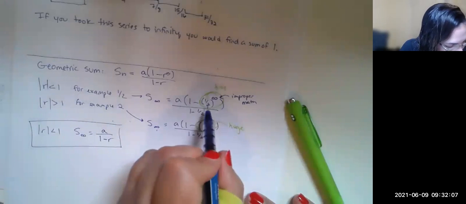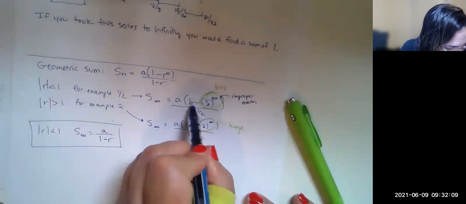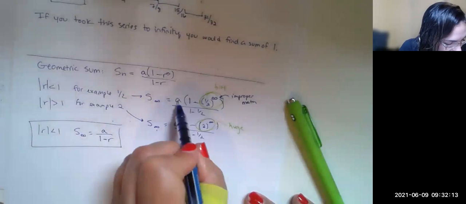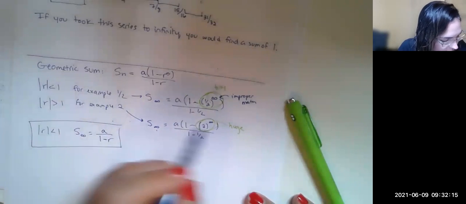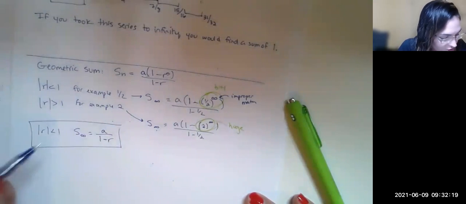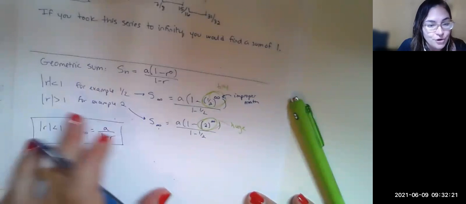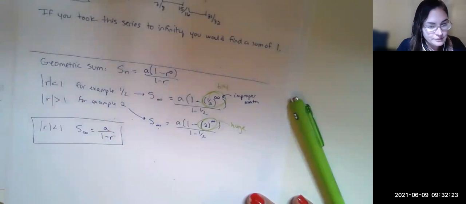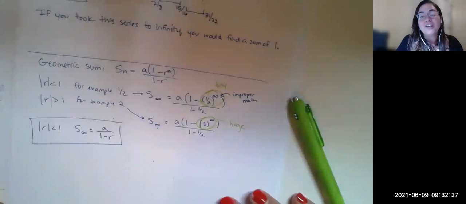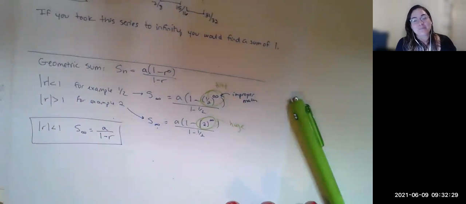Because if this gets really tiny, then this is effectively 1 minus 0, which makes this A times 1. So the infinite sum formula is A over 1 minus R, but you can only use it if the absolute value of R is less than 1.